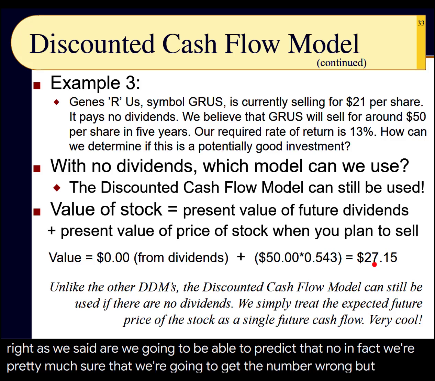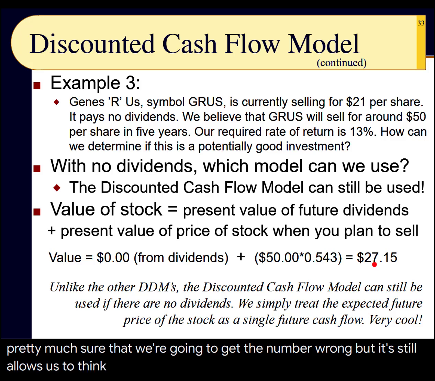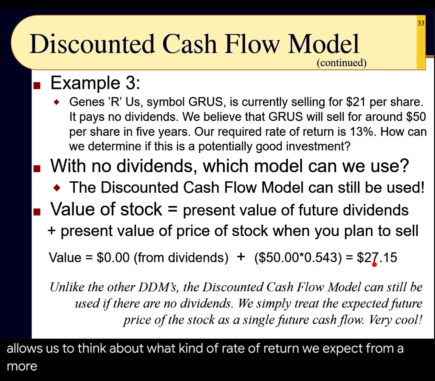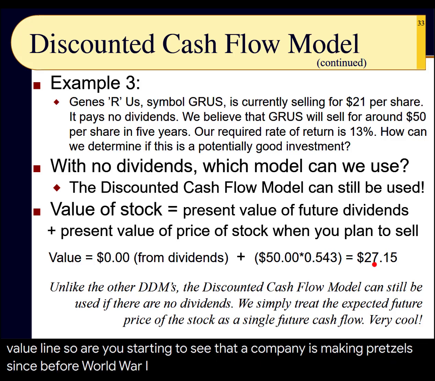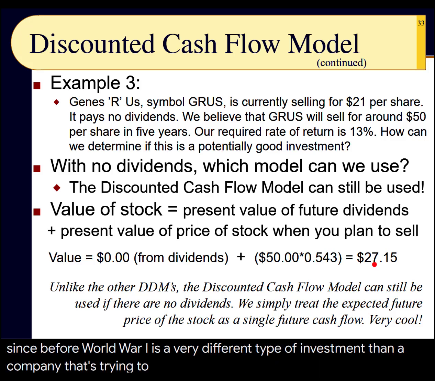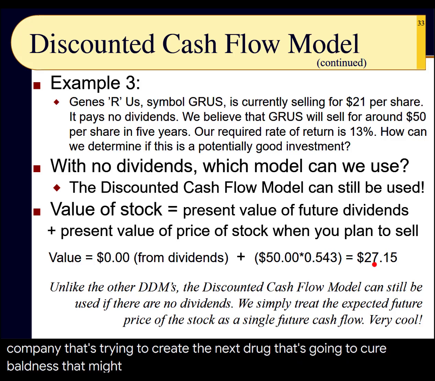But it still allows us to think about what kind of rate of return we expect from a more speculative issue. That's the wonderful phrase they use in the Value Line. So are you starting to see that a company that's been making pretzels since before World War I is a very different type of investment than a company that's trying to create the next drug that's going to cure baldness that might wind up making your liver into pate?